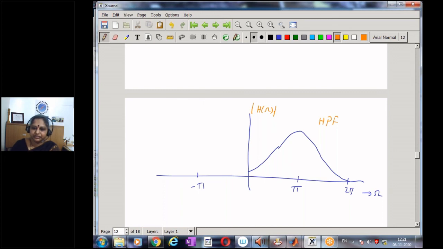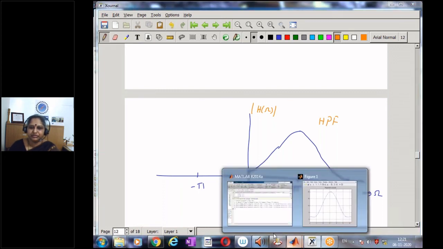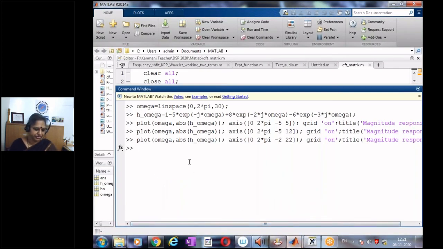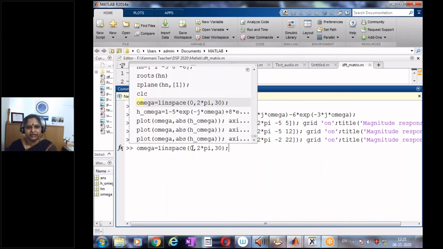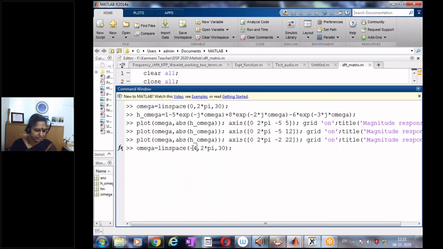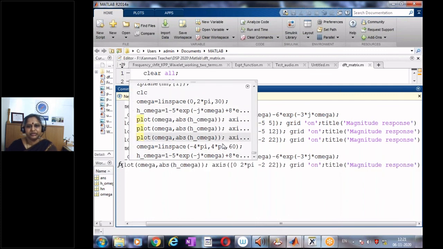Let's try plotting the same to check on the periodicity. Let's redefine our omega in the interval minus 4 pi to 4 pi, and compute my H omega once again. Now let's plot the result.